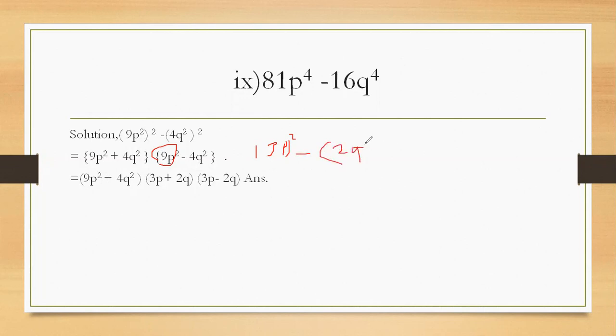If you write this one, here will be the bracket, this bracket is a, 3p, that's why it will be 3p plus 2q, 3p minus 2q here, okay, children. Then it will be 3p plus 2q, 3p minus 2q.